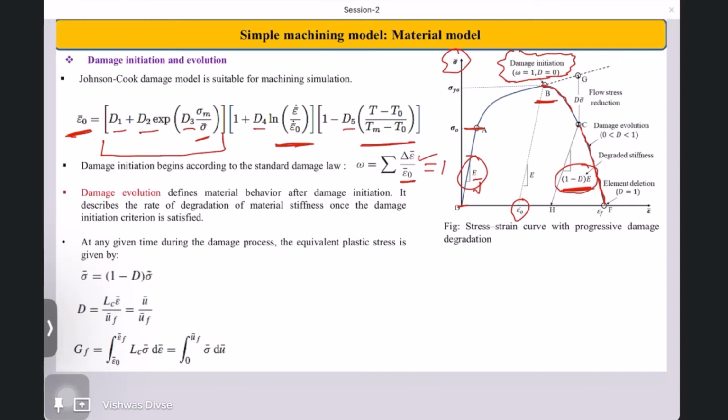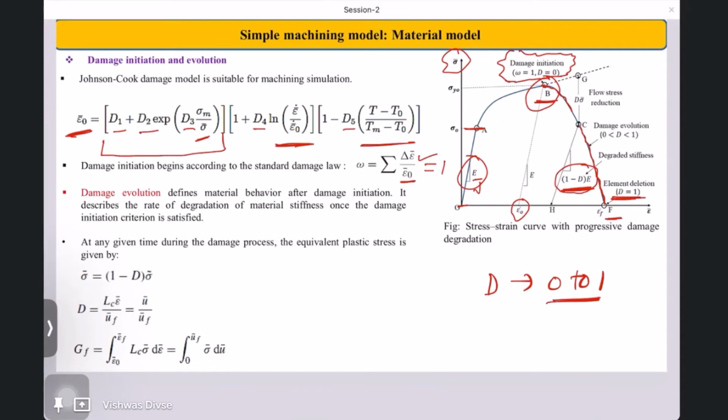And this D will evolve from 0 to 1. So D equal to 0 means the point of damage initiation, that is point B. You can see here, I mentioned in the diagram D equal to 0. And when D equal to 1, when damage is fully evolved, stiffness is fully degraded.